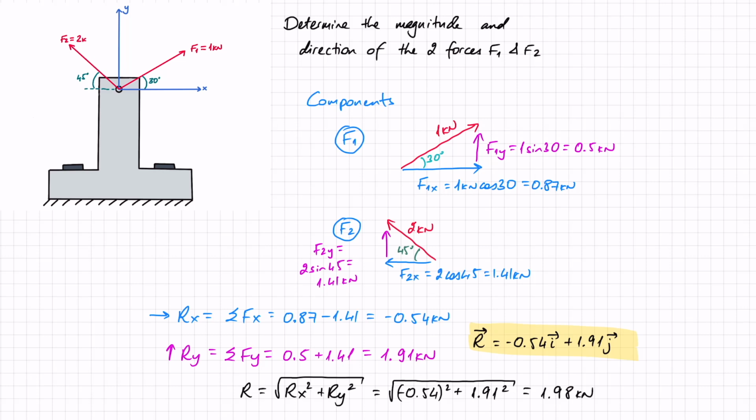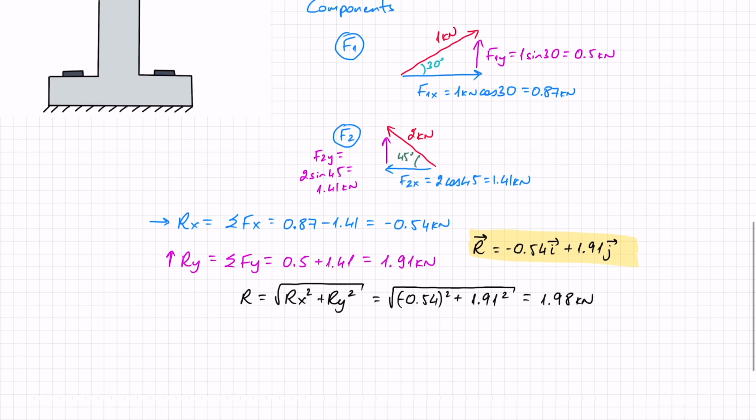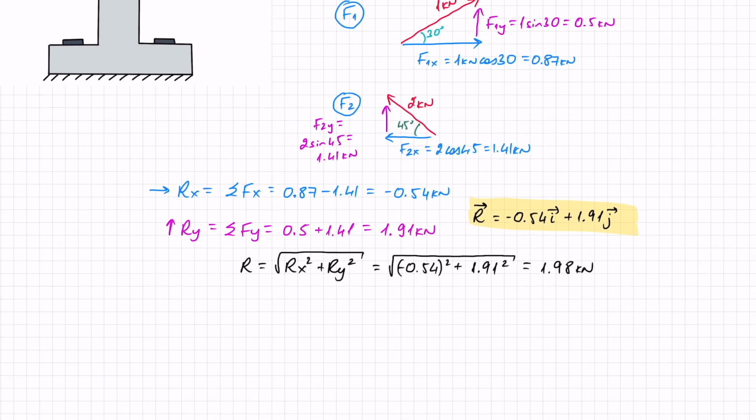I'm interested in figuring out what this actually looks like. So let's see. If I've got my axes here, this was my x and y axes, I can see that my resultant is positive and 1.9, so much larger in the y direction than it is in the x direction, which is negative. And that means that the resultant force will look something like that. I now want to find the angle.